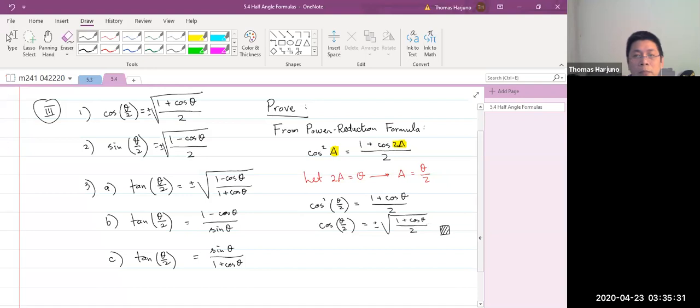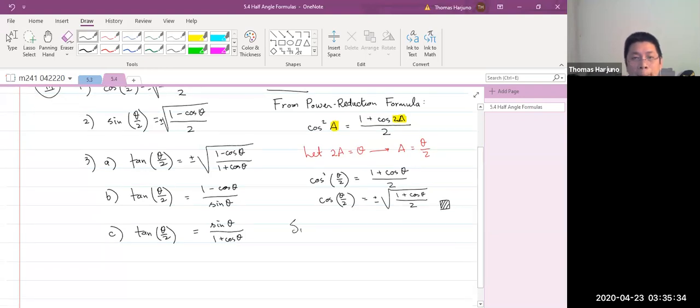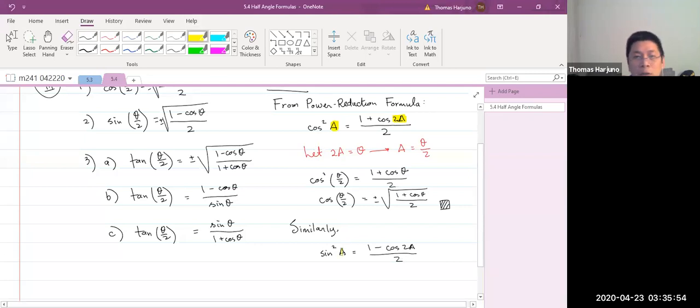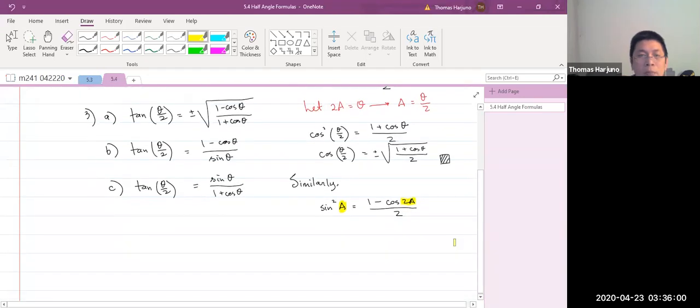Okay. So similarly, from what we saw in 5.3, sine squared A is equal to 1 minus cosine 2A over 2. Using the same substitution, we get sine squared theta over 2 equals 1 minus cosine theta over 2.